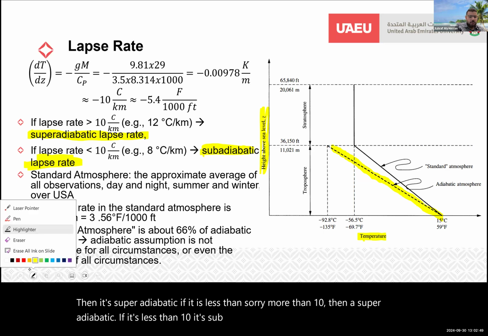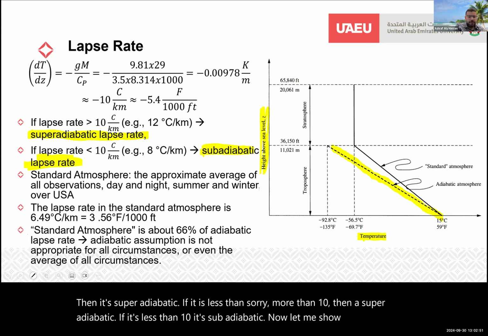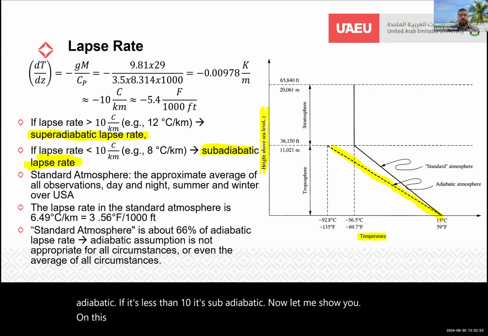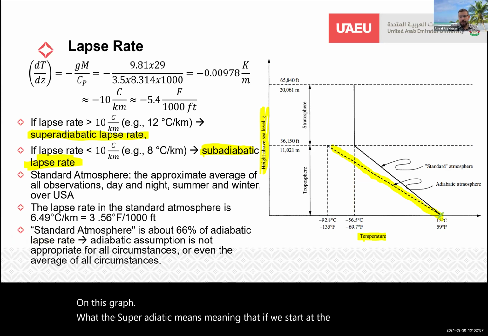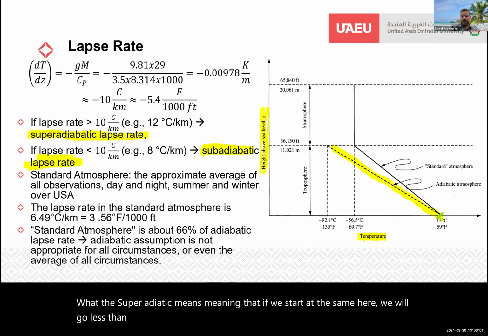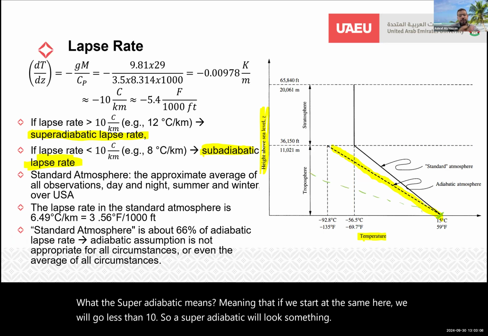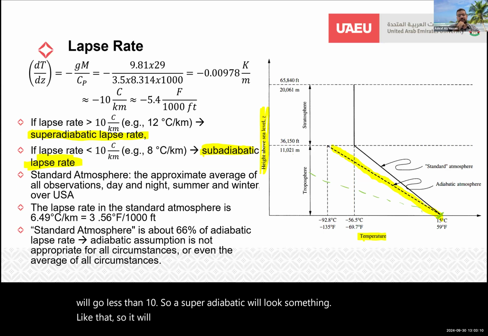Now, let me show you on this graph what the super adiabatic means. If we start at the same point here, we will go less than 10. So a super adiabatic will look something like that, with less slope than your adiabatic atmosphere.